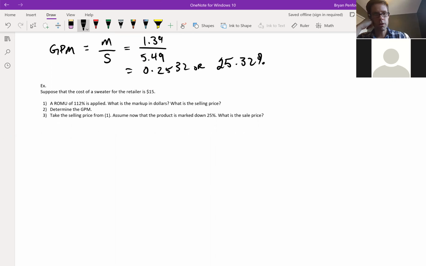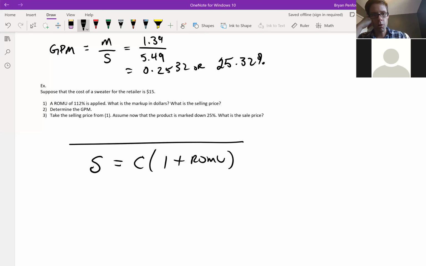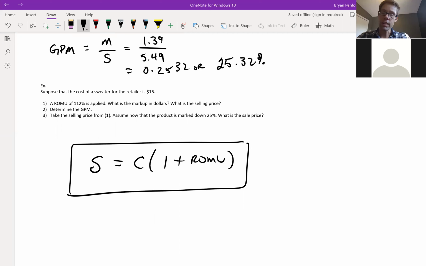The online textbook says there's a relationship between the selling price that the company decides on and the cost per item to bring that item in. If we mark that cost up by the rate of markup, because it is essentially a rate, we can think about it almost like applying a tax to the cost. This is the formula that's given in the online textbook.